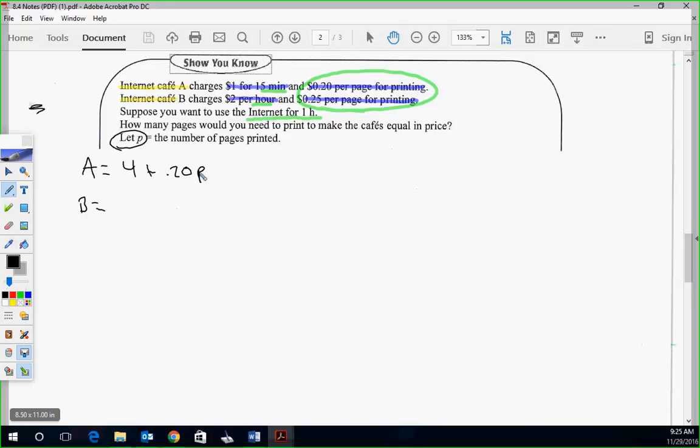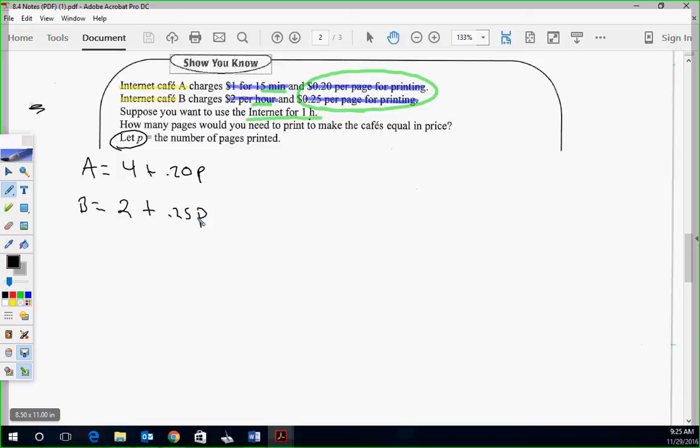B charges $2 per hour, so I write just a 2 because we're talking about an hour, plus 0.25p.